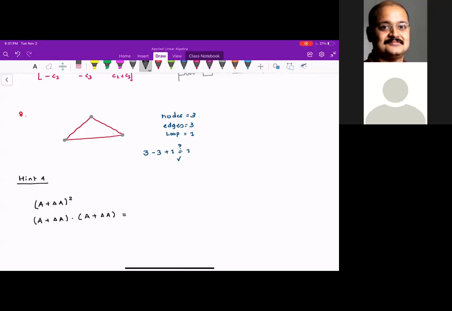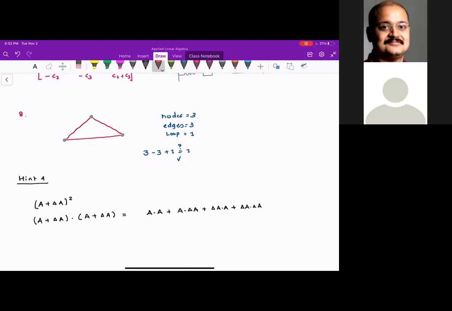When you expand this, it is going to be A times A plus A times delta A plus delta A multiplied by A plus delta A multiplied by delta A, right?